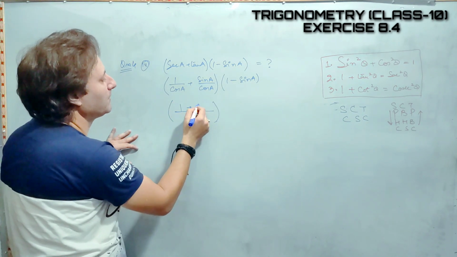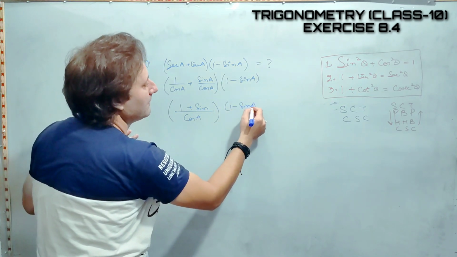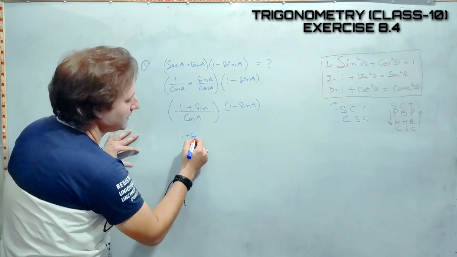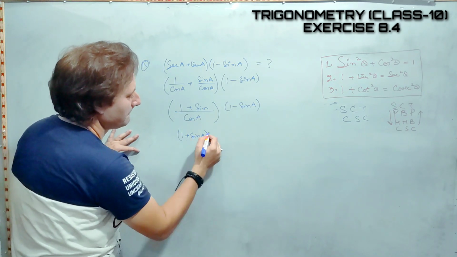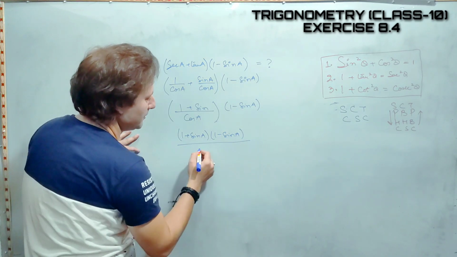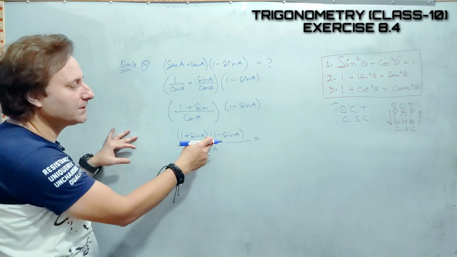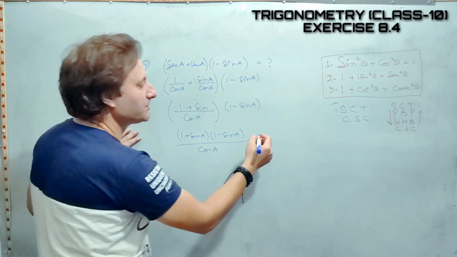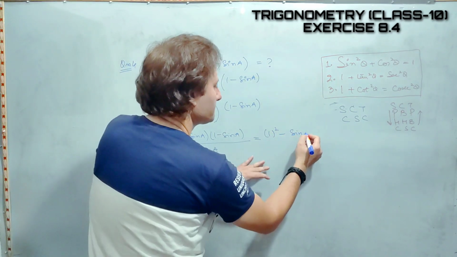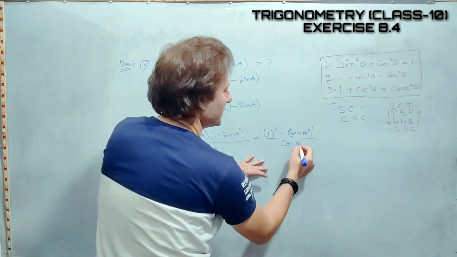So we have 1 plus sine A, and then we have 1 minus sine A. Now this is all in multiplication, so I'll write (1 plus sine A)(1 minus sine A) whole divided by cos A. What does this become? This is (A plus B)(A minus B) multiplication. So A square minus B square whole divided by cos A.